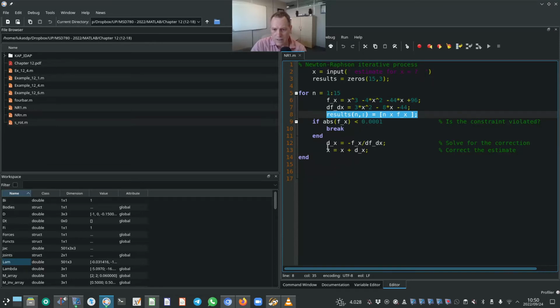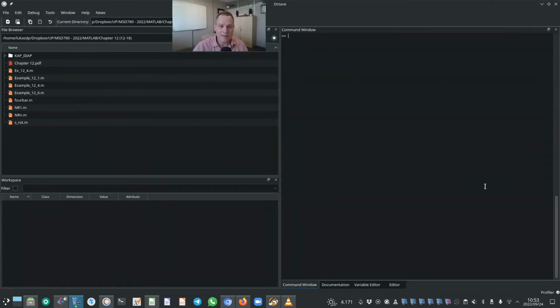Else we continue and we calculate the change in x and the new x value as the previous x value plus the change in x. Alright, and that's the algorithm. So let's quickly run the Newton-Raphson algorithm coded in Matlab.